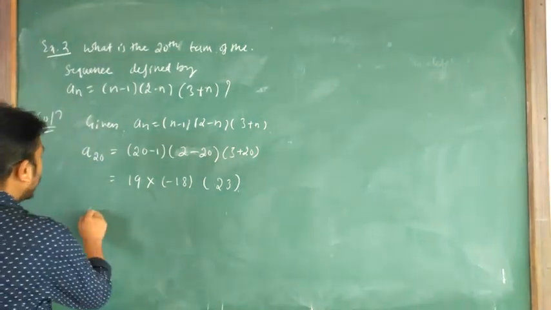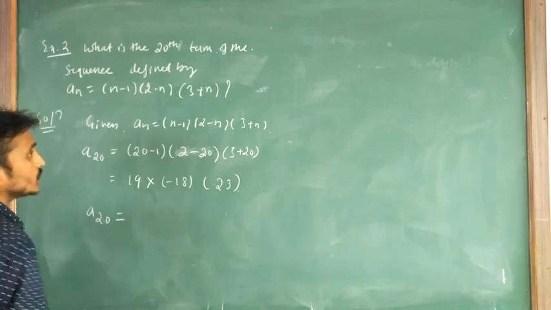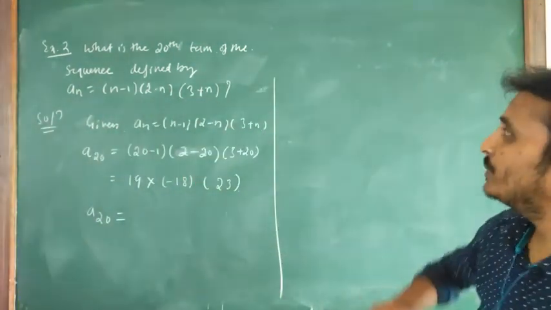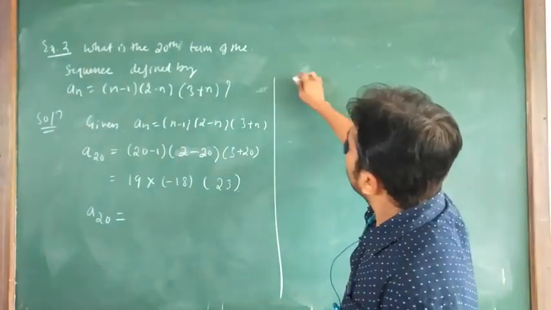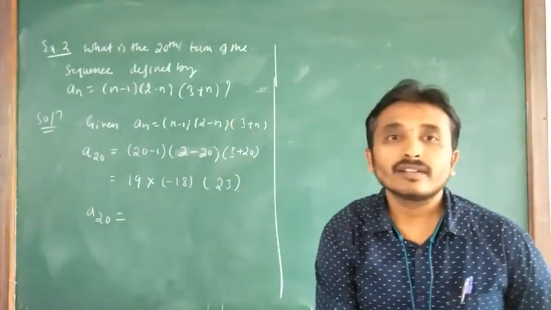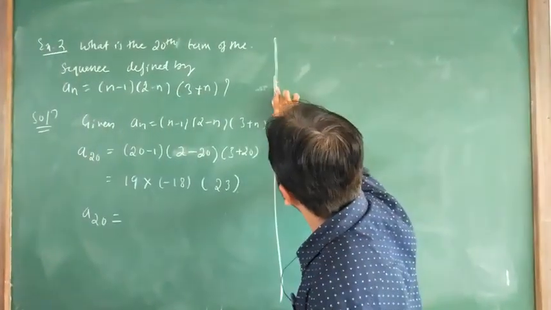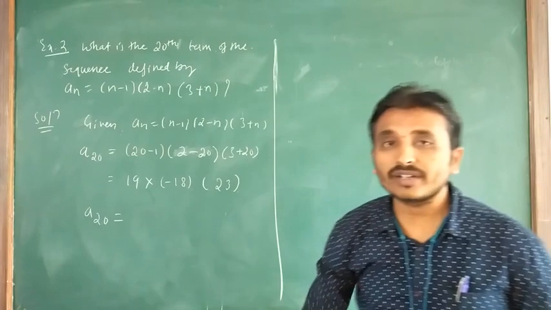So a20 equals, let us multiply. Some students know multiplication, some students don't.